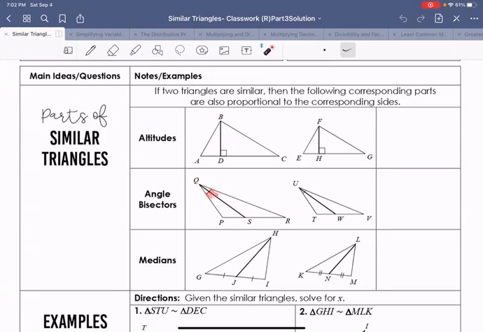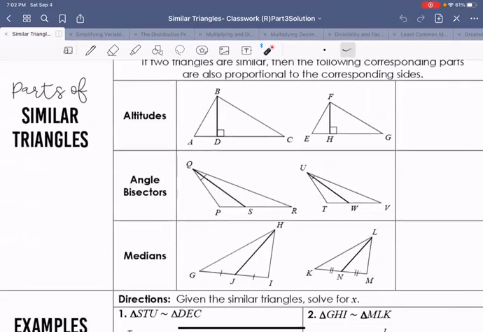If you draw the angle bisector, then this triangle is split into two pieces. These two angles are equal. With the angle bisector theorem, do you remember how? What's the formula for this angle bisector? QR over QP will equal what?